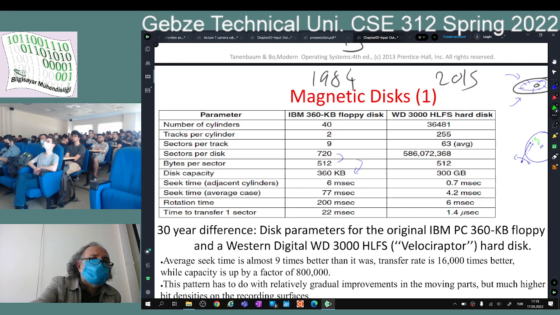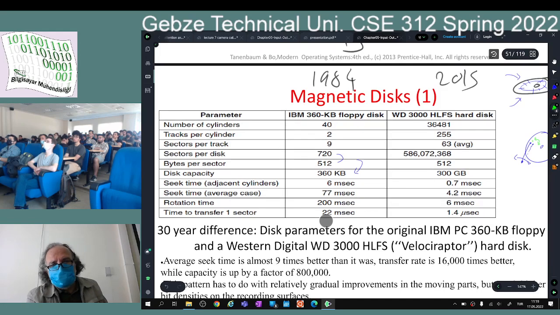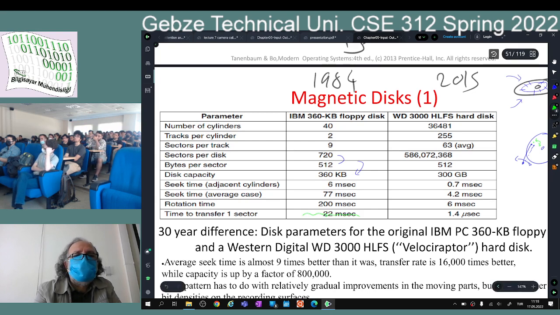And the time to transfer one sector, 22 milliseconds here. How do you calculate this? If I don't give you this 22 milliseconds, you can calculate it.